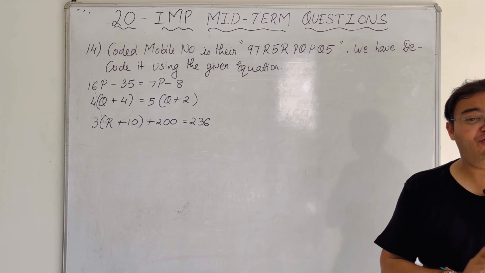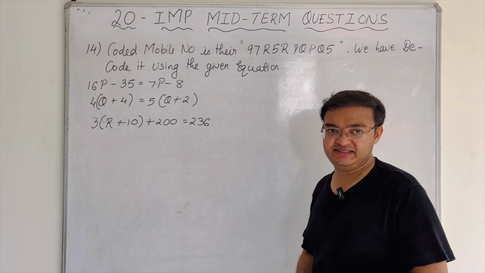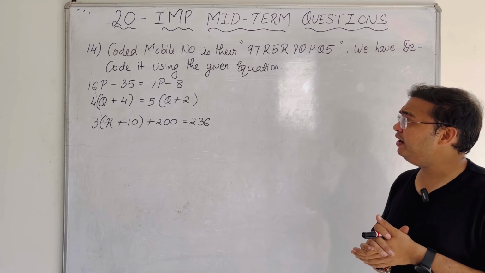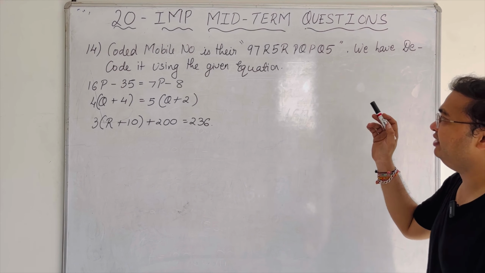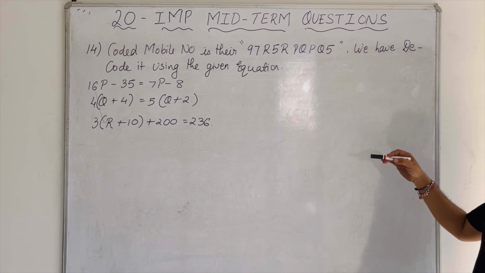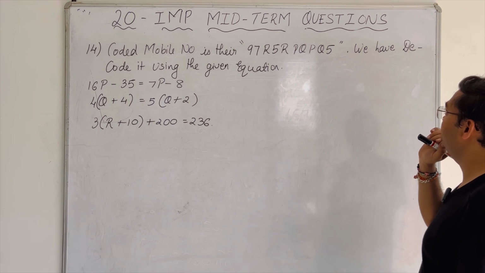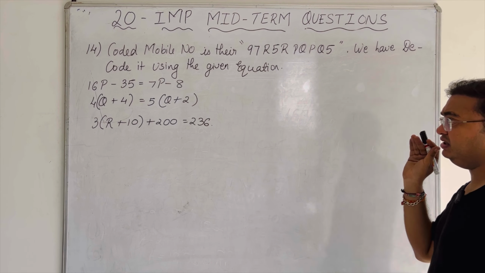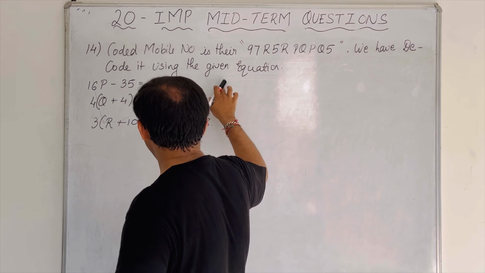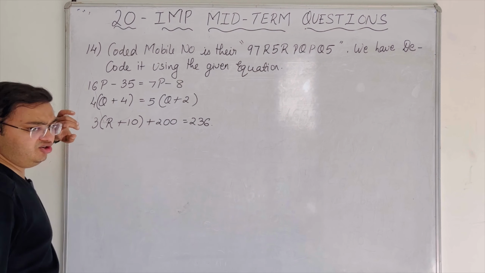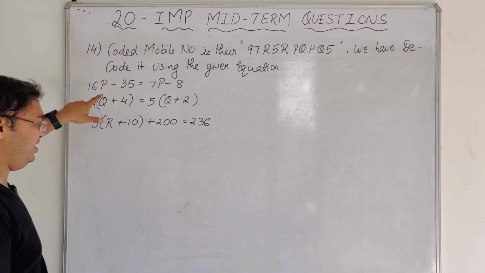Here's question 14. This is really very interesting. Question 14 is that a coded mobile number is there, that is 97R5R PQ 5. We have to decode it using the given equations. So here 3 equations are there. From each equation we have to find each variable.